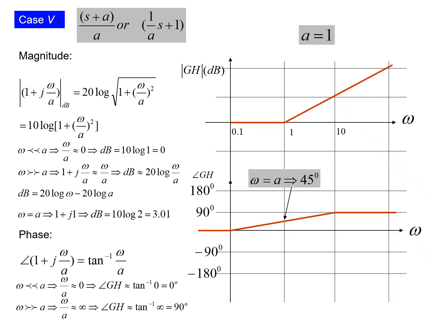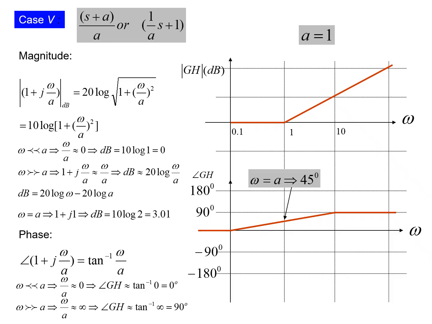The magnitude is absolute 1 plus j omega per a equal to 20 log square root of 1 plus (omega per a) square, equal to 10 log 1 plus (omega per a) square, because if it is the square root, it means power half, and then if we eliminate it and change it here, it means 20 multiplied by half, and then we get 10. This is why here it is 10.